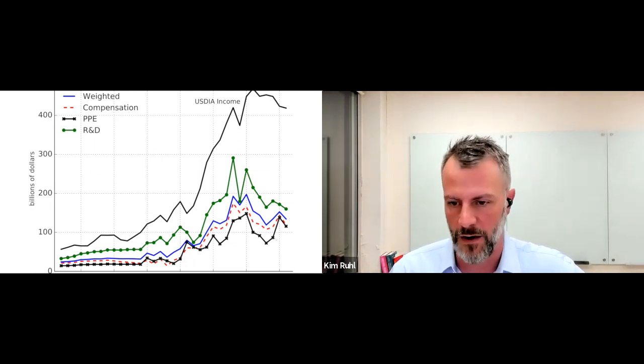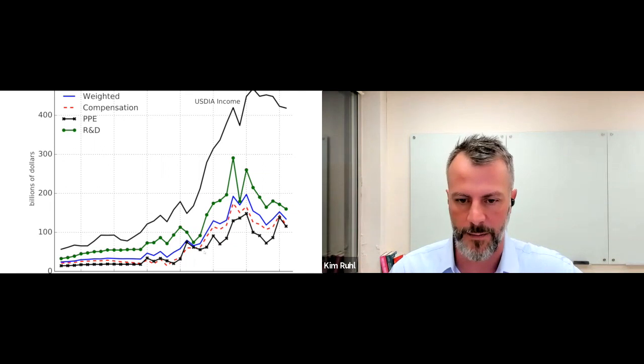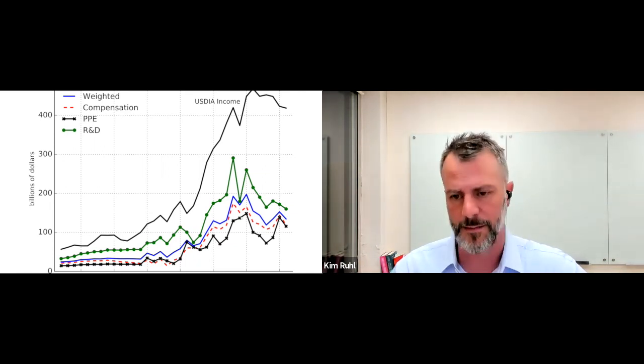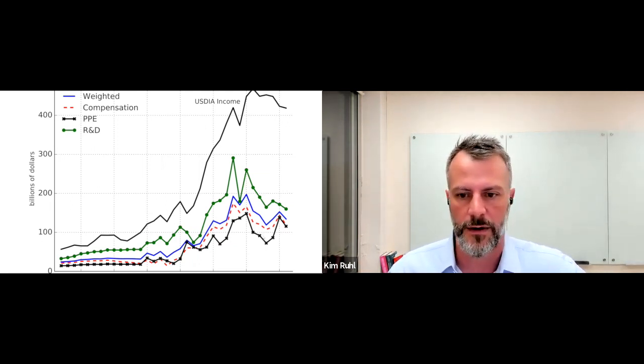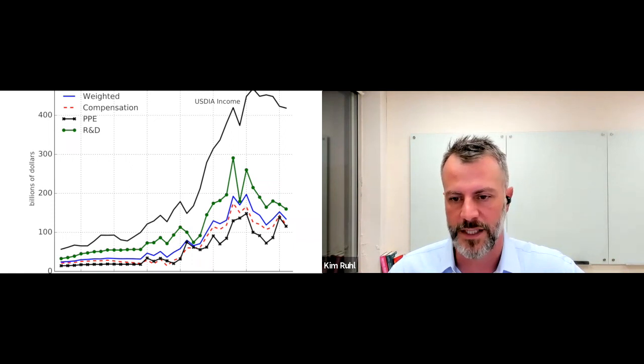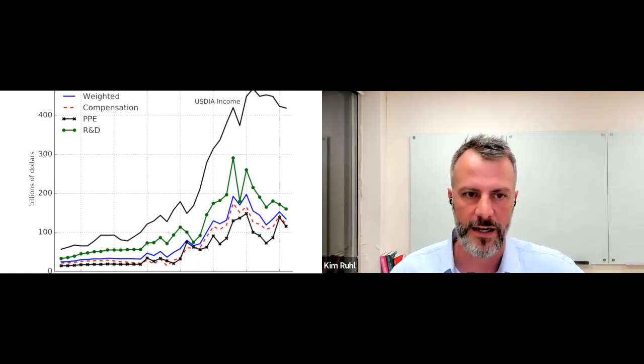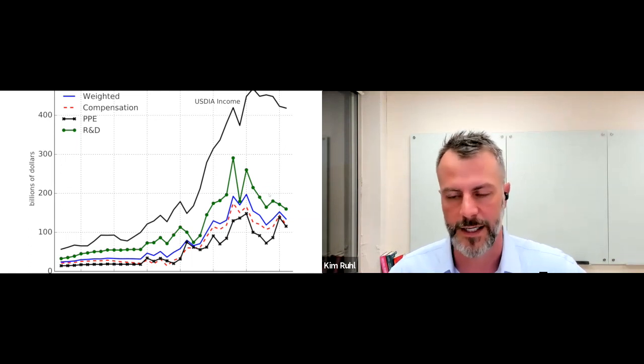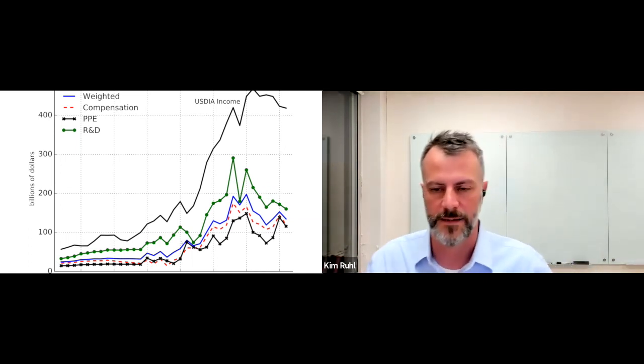The black line is if I only use plant, property, and equipment to estimate the adjustment. The red line is if I only use compensation, wage bill, to estimate the adjustment, and the green line is if I only use R&D expenditures to estimate the adjustment.